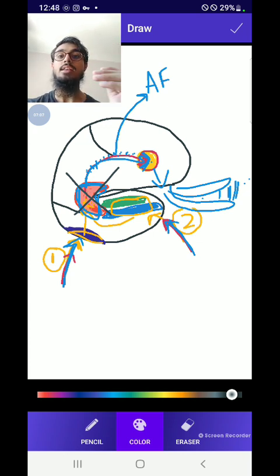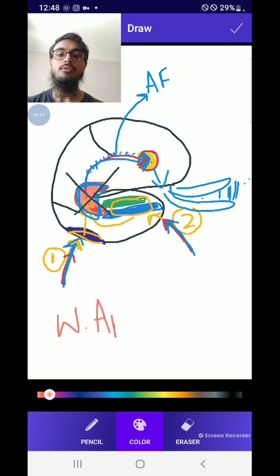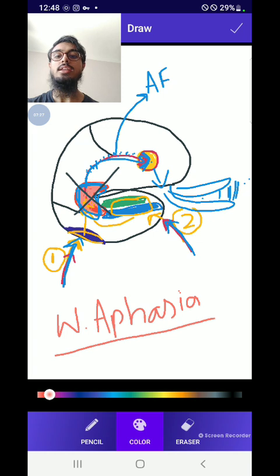Okay, what is the clinical term related to it? Aphasia. Wernicke's aphasia. Okay, when there is Wernicke's aphasia, there is damage to the Wernicke part of the brain.